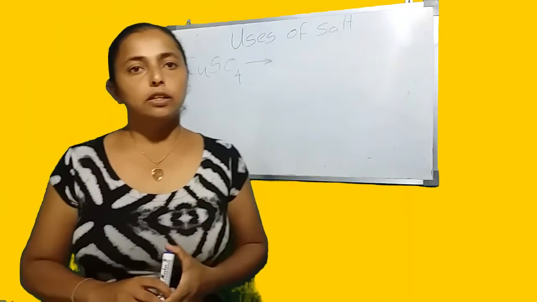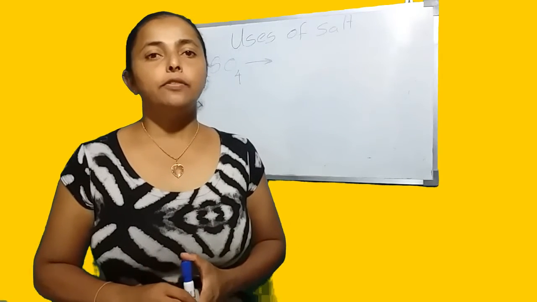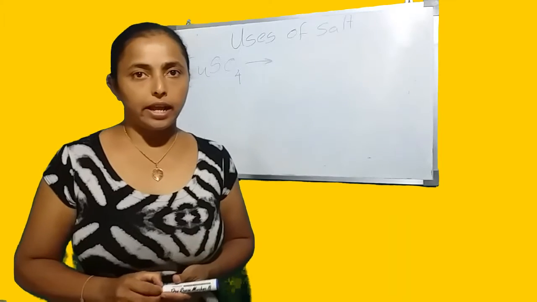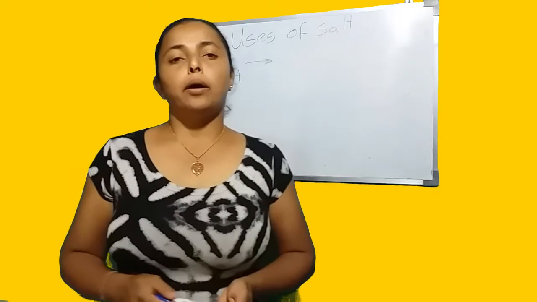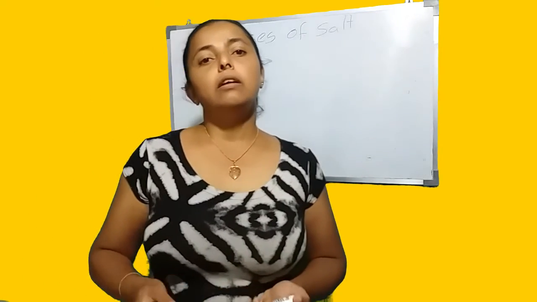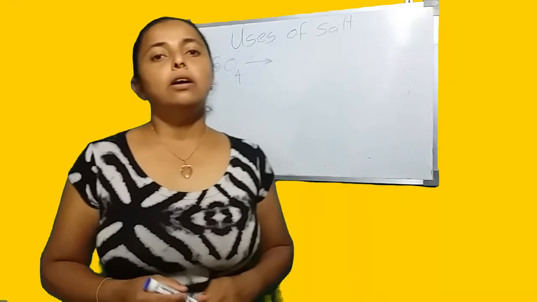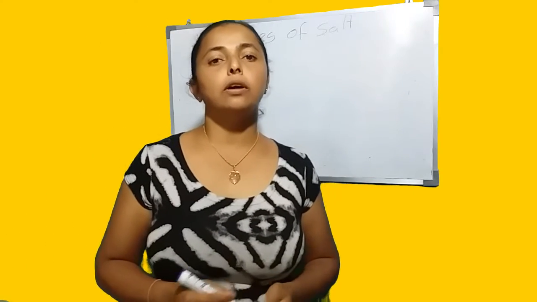Copper sulfate is used in agriculture as a fungicide, and in laboratory we use it as a chemical reagent like Fehling and Benedict solution, and also used in electroplating and in paint industry. Those are the uses of salt.